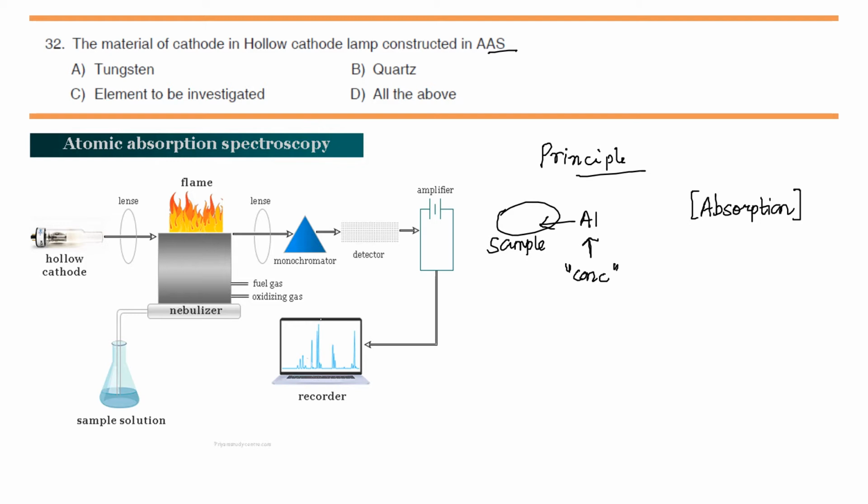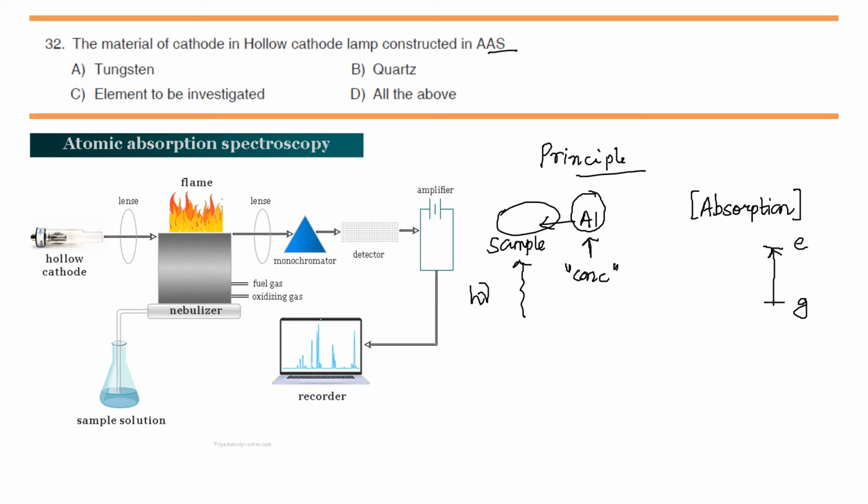That is, when you are passing some radiation, that can be a visible radiation or a UV radiation, whatever it is, through the metal that is present in the sample, it can absorb this radiation. Normally when the element is in the ground state, it can absorb the energy from the radiation to get excited to the excited state.